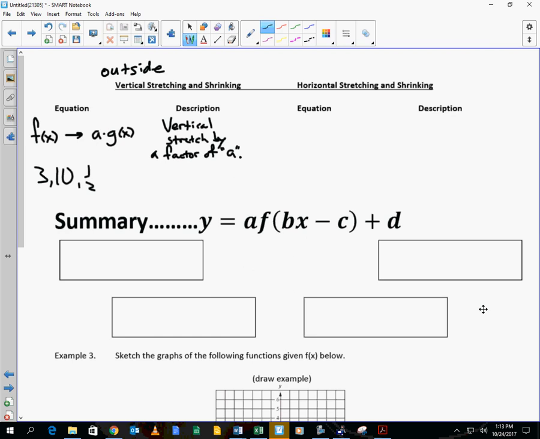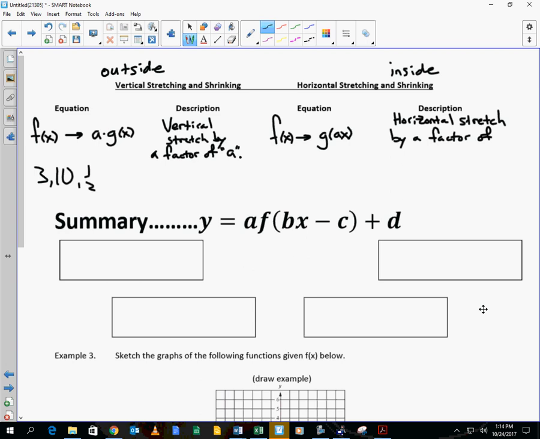Horizontal is different. If we take a function and change it to g of a times x, is the a on the outside or the inside now? It's on the inside. And so therefore it affects the function horizontally. So instead of a vertical stretch, this is a horizontal stretch by a factor of, this is very, very important.